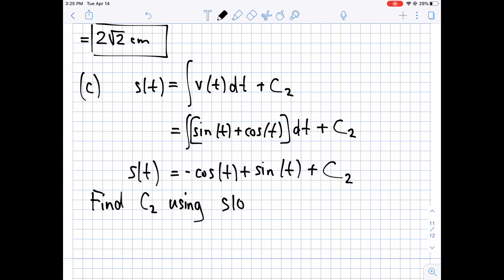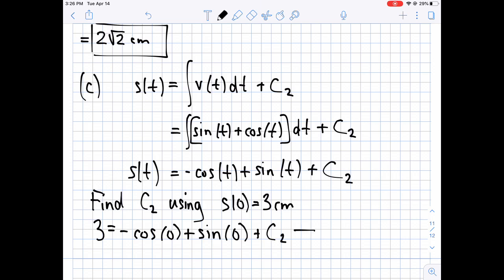We were given that the initial displacement, s of 0, was equal to 3 centimeters. And so we can plug that in. We get 3 is equal to negative cos of 0 plus sine of 0 plus C2.